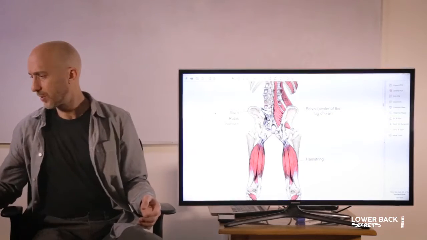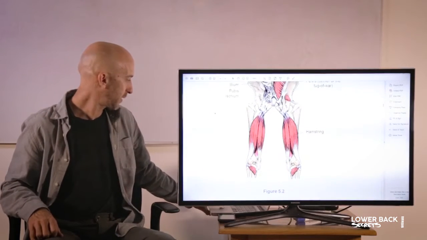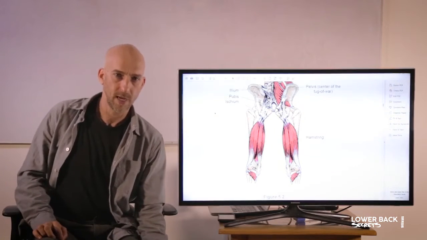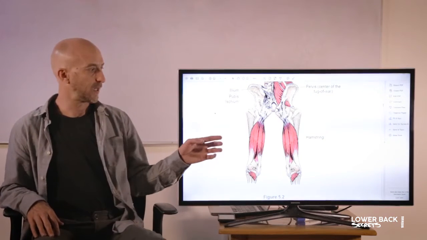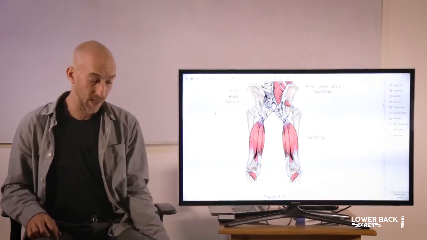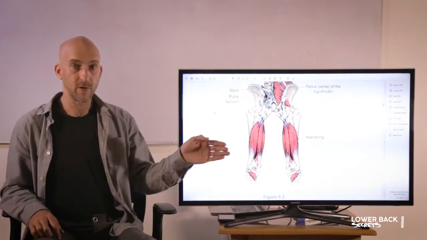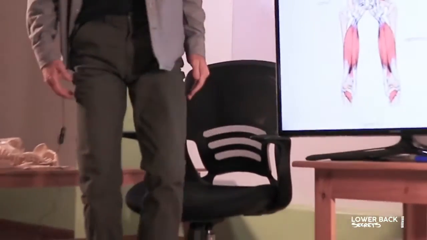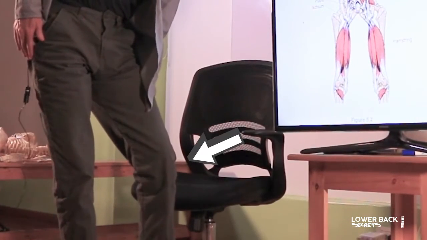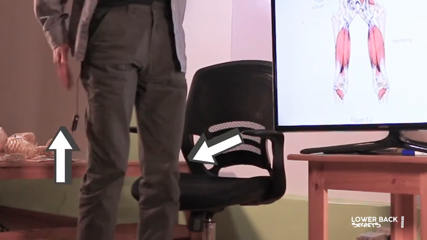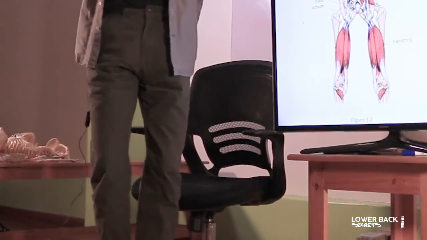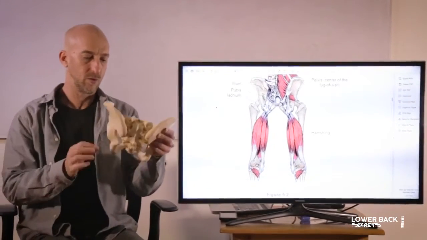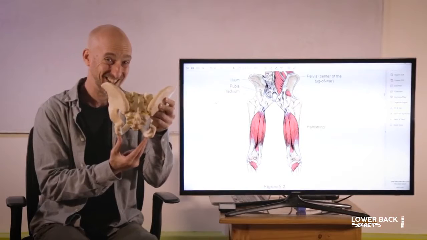Your hamstrings are all starting down here, below the knee, attaching onto the tibia in some cases, or the fibula in other cases, behind the knee, and then rising up the back of your leg. Hamstrings start here behind your leg, rise up the back, and then they attach directly to your sitting bones down here.